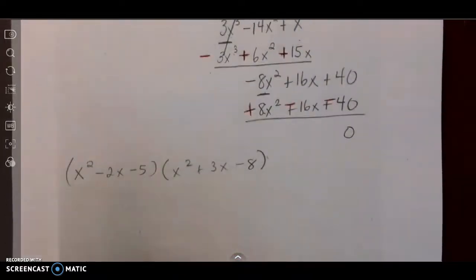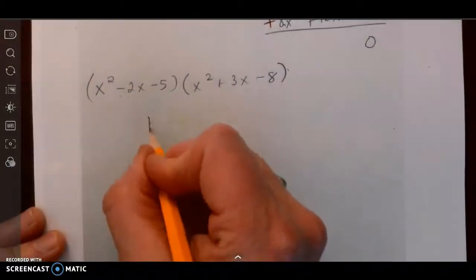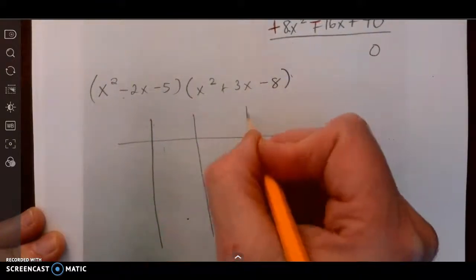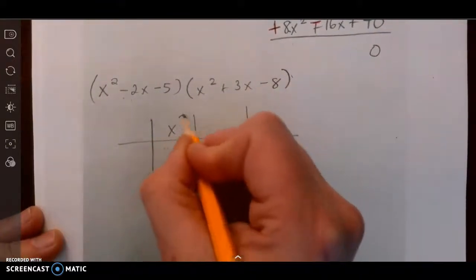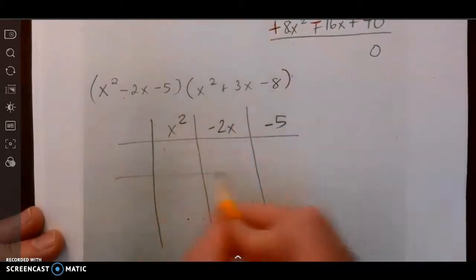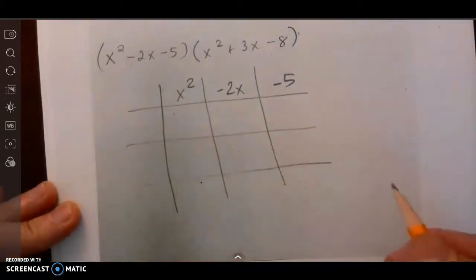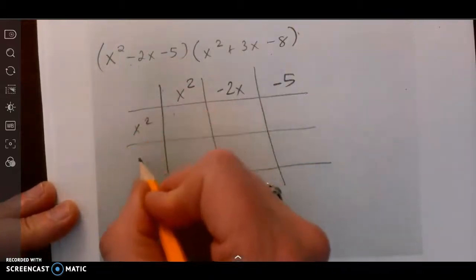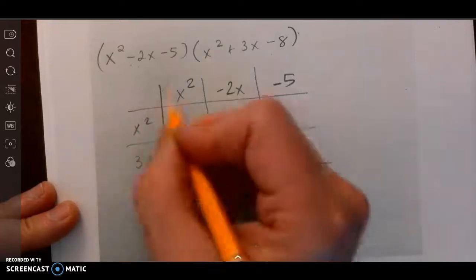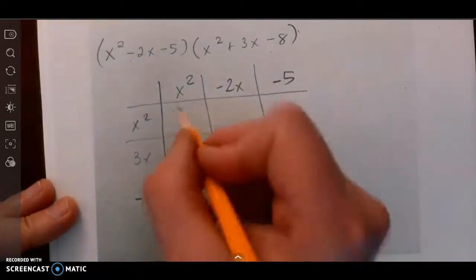Now I have to be honest that when I multiply a trinomial times a trinomial, I like to use a table. And this is just for me checking my work. And then I multiply.